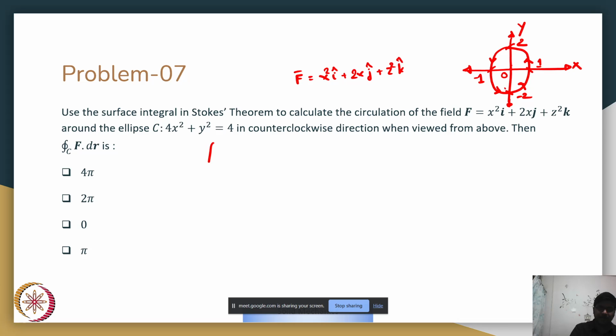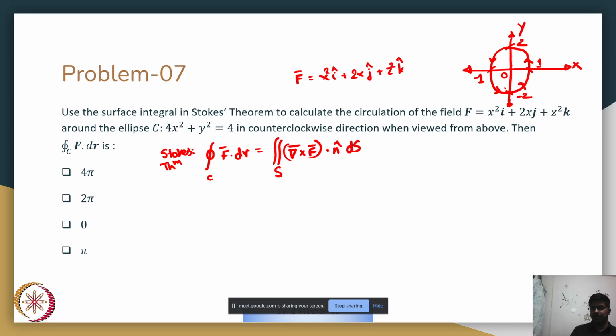So the statement of Stokes theorem is that the circulation of F dot dr is nothing but the integral of curl of F dot n dS over the surface S. For this particular case, we will take the simplest surface, which would be the ellipse itself.